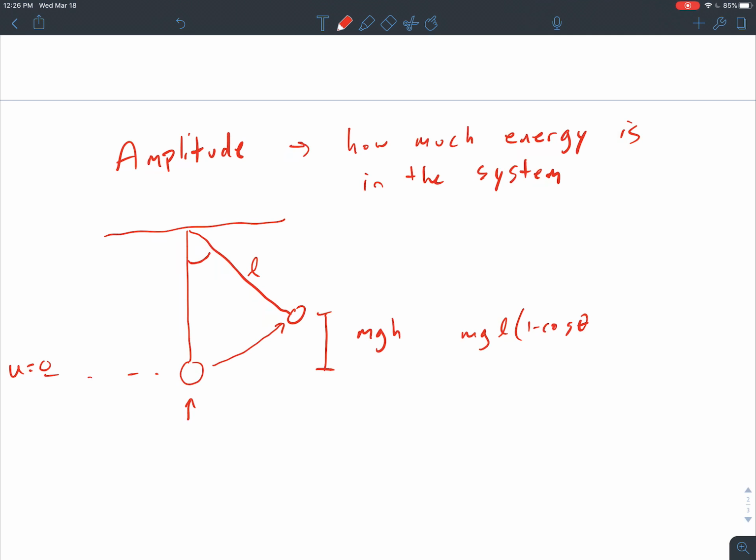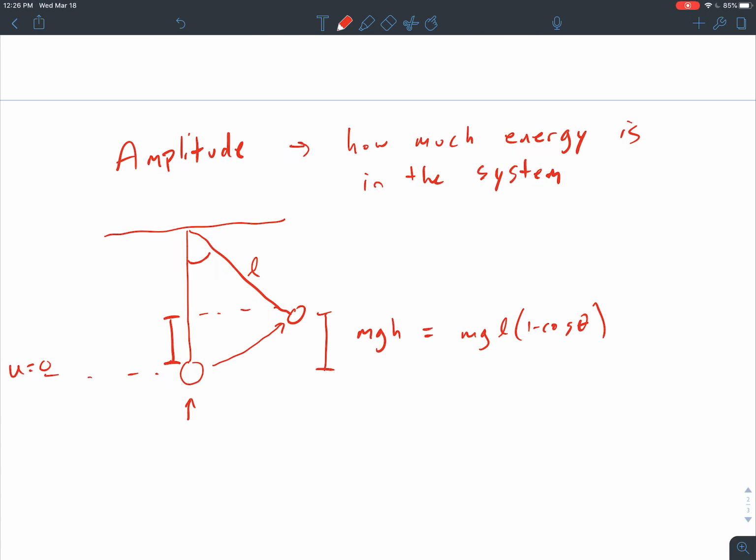You do here, L, and h is this distance. Play around with that if you're not comfortable with that. But anyway, so our amplitude is related to how much energy.